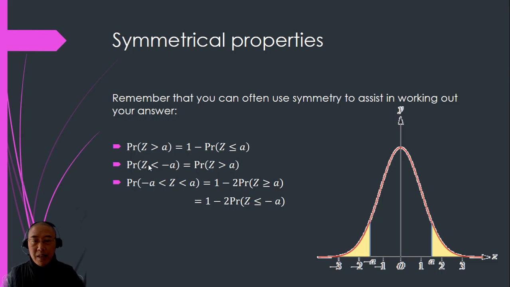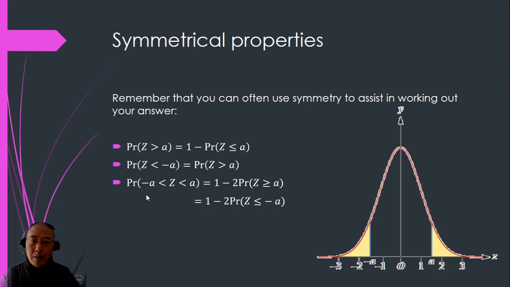If you have the probability of z less than negative a, so your negative a is that area, you see that area by symmetry is the same as the other area, so it will be the same as the probability of z greater than a, and vice versa. Very useful property, that second one. That second property will be used for the next one.